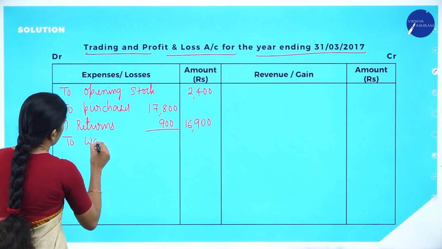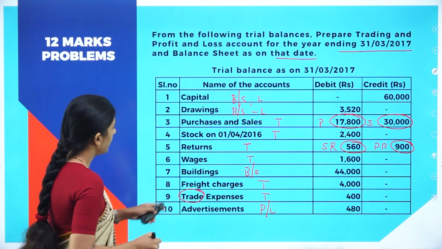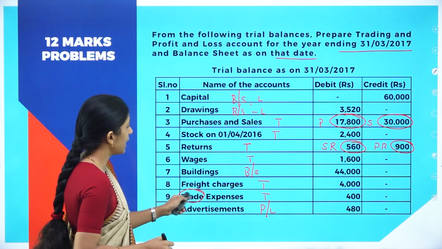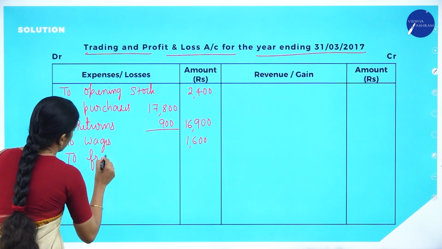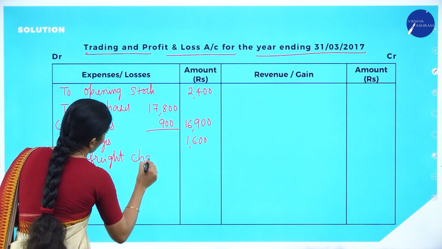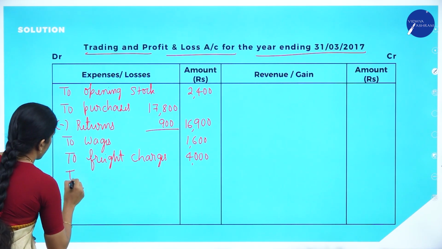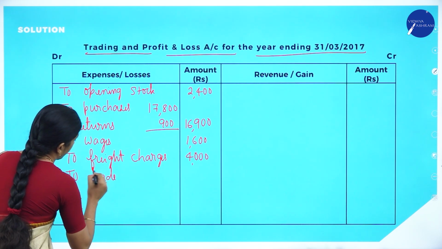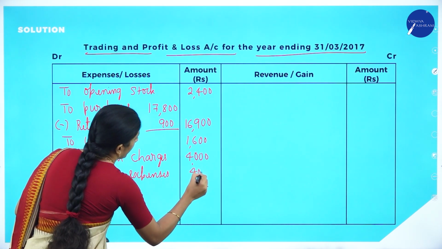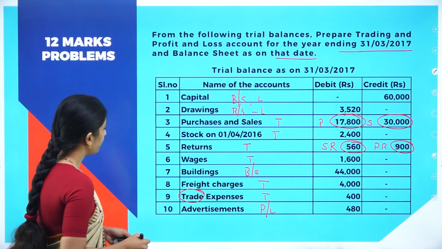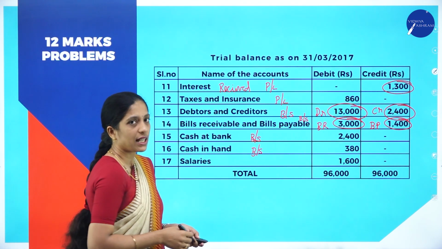Next, we have to freight charges 4,000 and to trade expenses 400. After trade expenses, advertisement comes under P&L account. So all these come under P&L account.